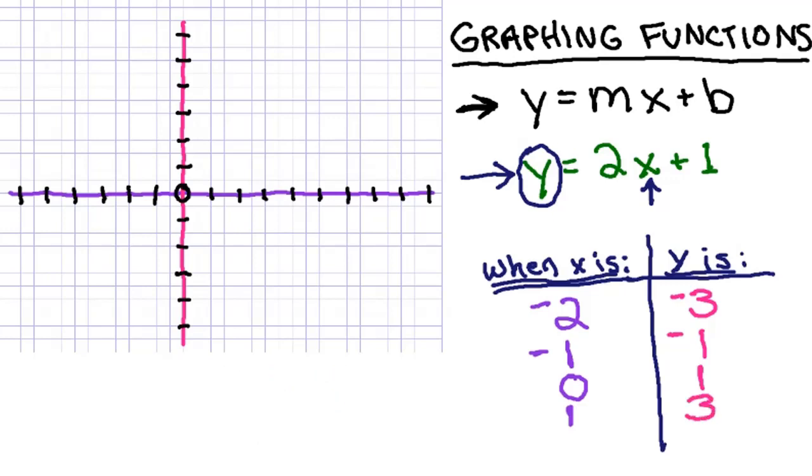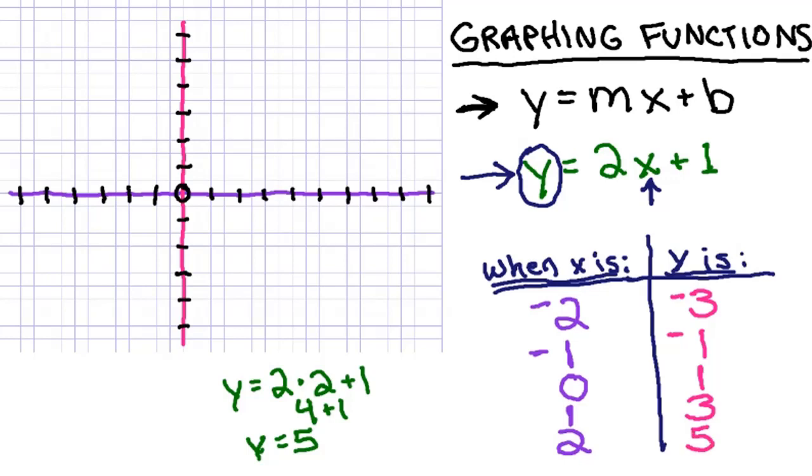Now let's do one more, and let's make x 2 this time. When x is 2, what is y? Well, y equals 2 times 2 plus 1. 2 times 2 is 4, plus 1 makes y equal 5. So when x is 2, y is equal to 5.